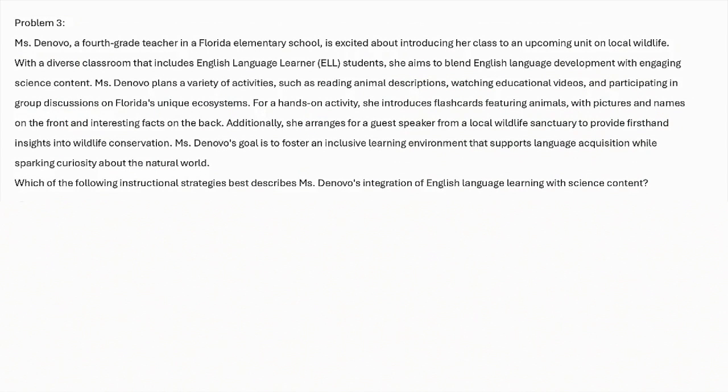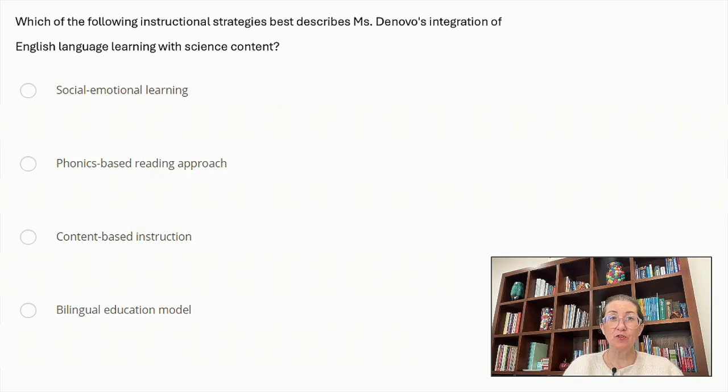Problem number 3. The scenario is identical to the one in problem number 2, but the question here is different. The question for problem number 3 is, which of the following instructional strategies best describes Ms. DeNovo's integration of English language learning with science content?